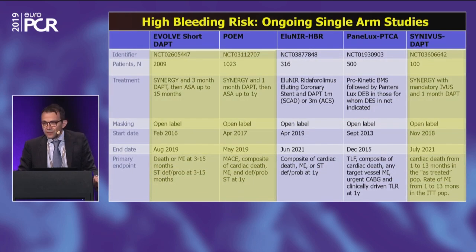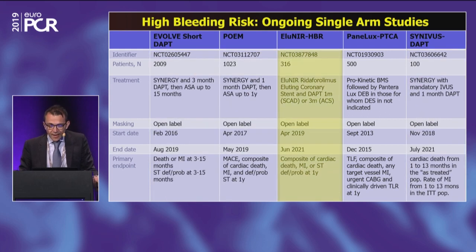Now, quickly walking through the single-arm studies, we have today 3 ongoing studies, namely Evolve Short DAPT, POEM, or St. Ivo's DAPT, which are investigating either 3 or 1 month DAPT duration after a Synergy stent implantation without or with mandatory IVUS assessment at the time of stent implantation. Elunir HBR is about 316 patients who are receiving Elunir stent and then 1 month of DAPT if stable or 3 months DAPT if unstable.